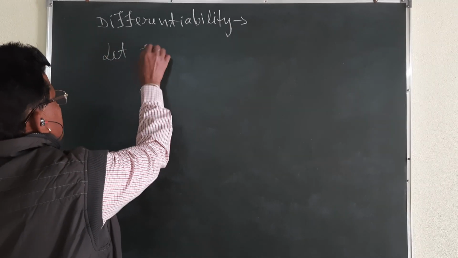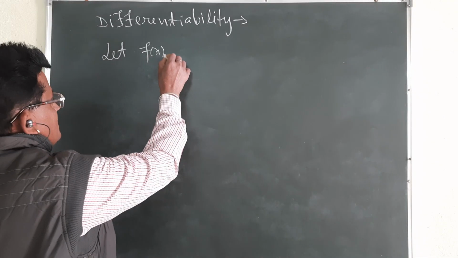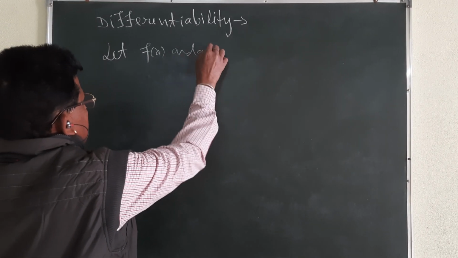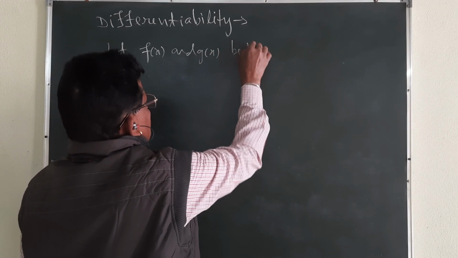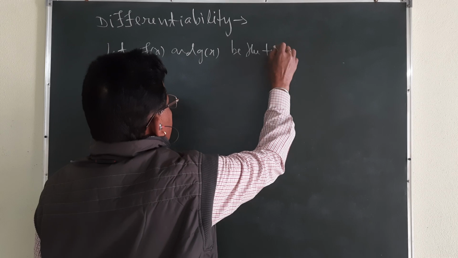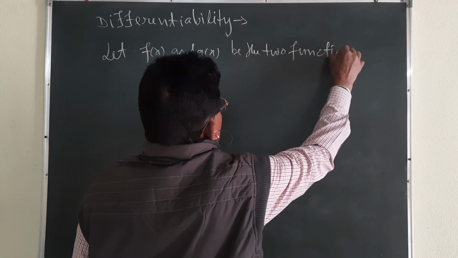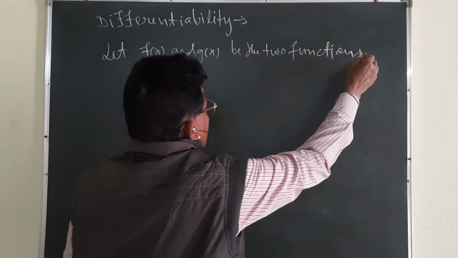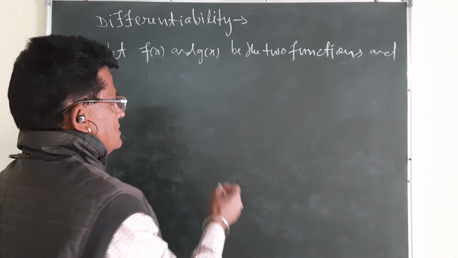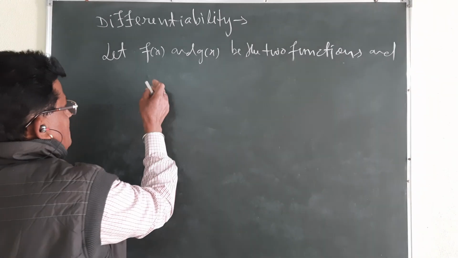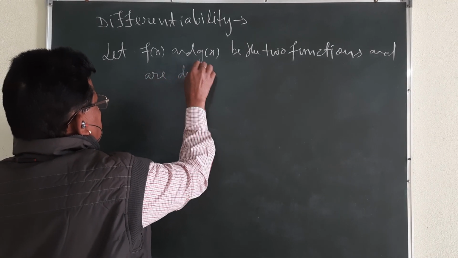Concentrate over here, dear student. This is the function in the form of x. f(x) and g(x) are the two functions, and these are derivable, differentiable in the common domain.